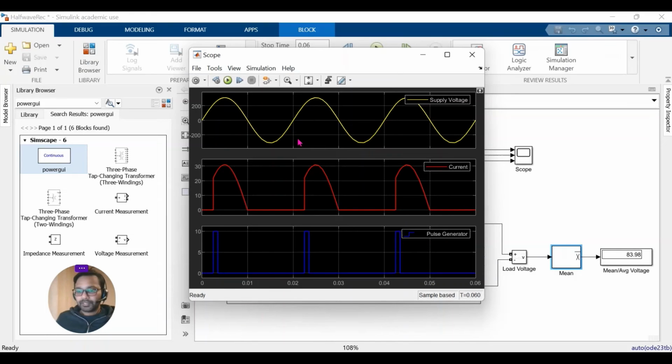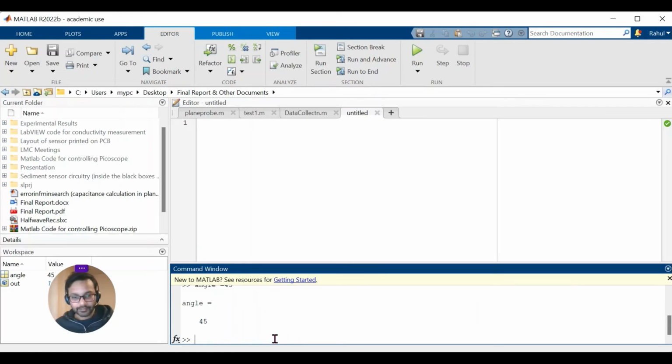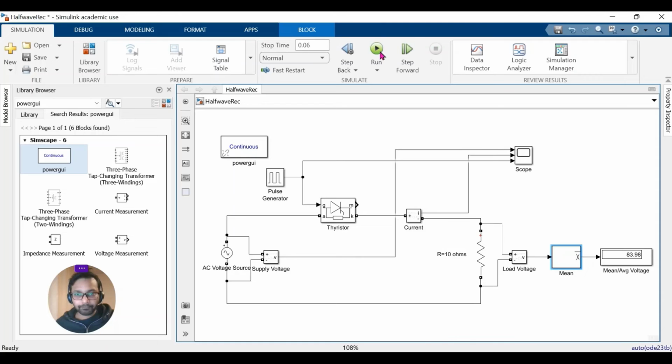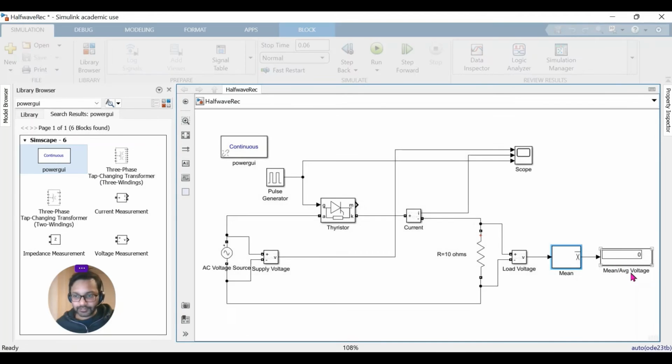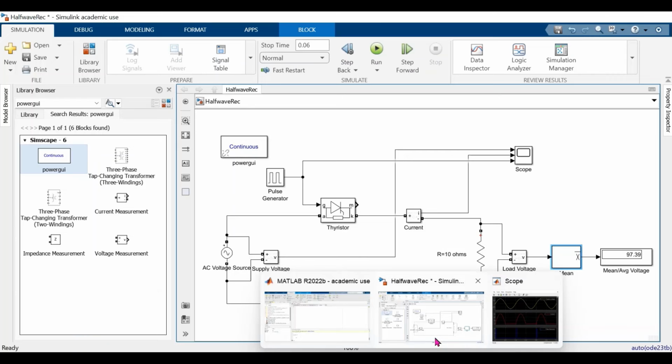So it's coming out to be 83.98. Now if we check the value of the mean average voltage for 10 degrees as well, it is 97.39 for 10 degrees.